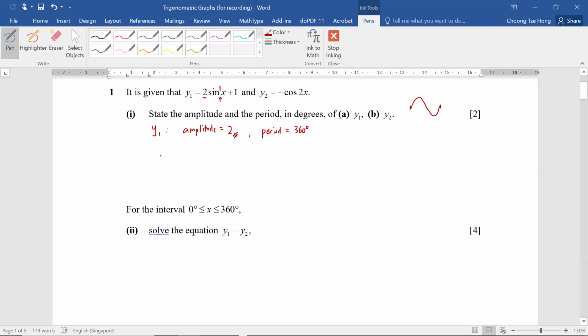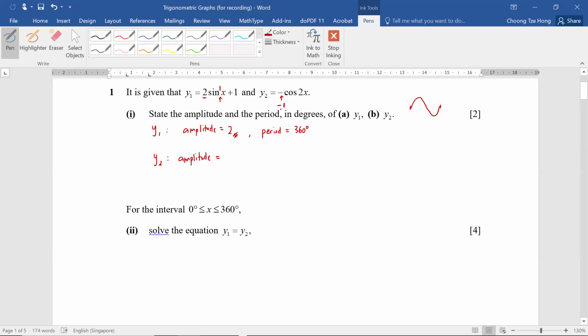Let's do y2 now. Let's write down the amplitude. For y2, the curve is negative cosine 2x. In front of the trigonometric function is a negative 1.